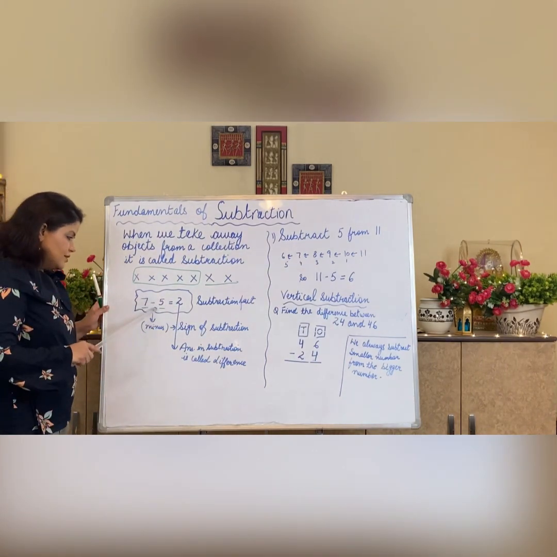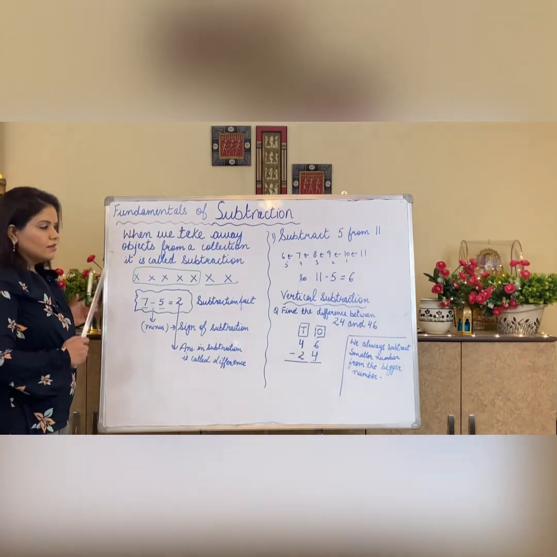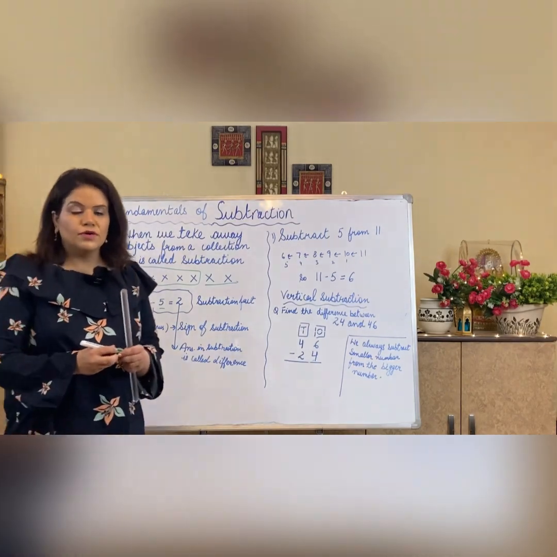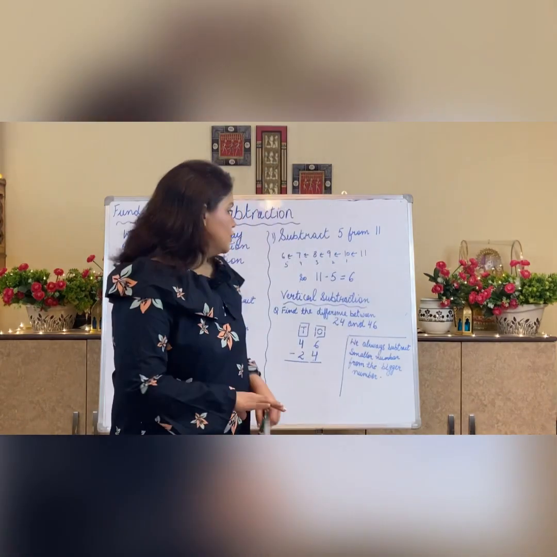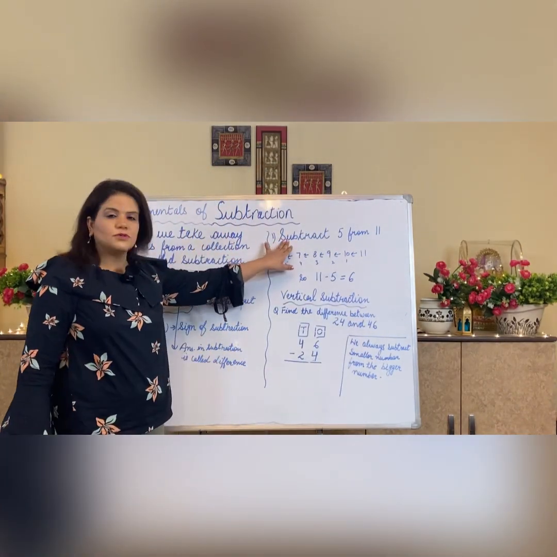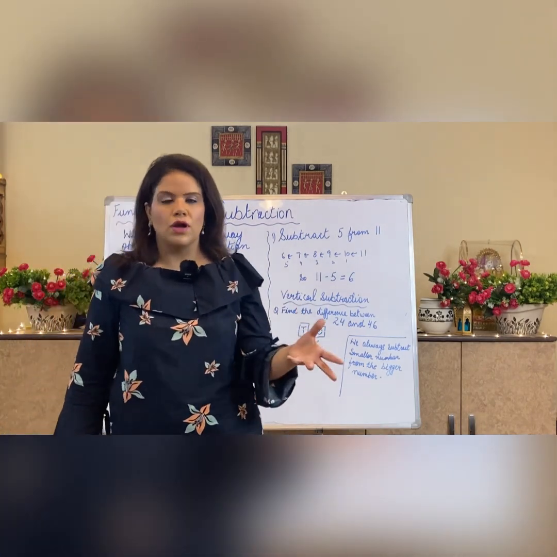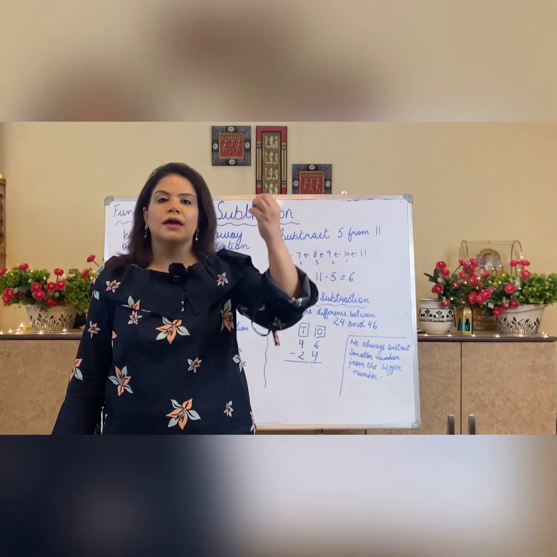This sign of subtraction is called minus. Okay. How will we put minus? This way. There are other words which we use in the chapter of subtraction, that is difference. So here in place of subtract we can use find the difference between these two numbers. Difference means how these numbers became lesser.